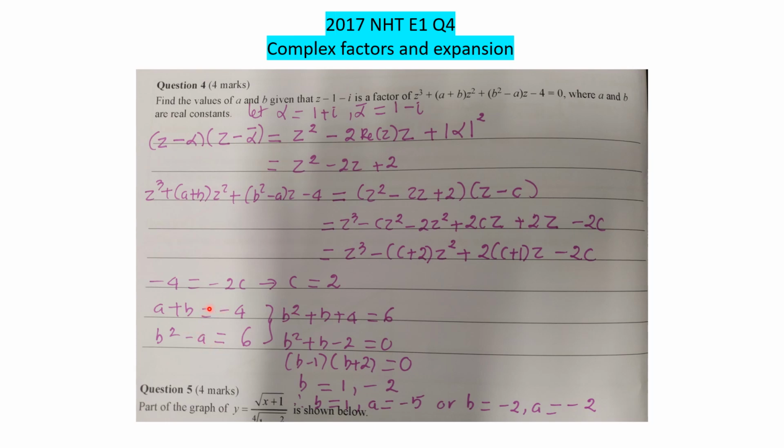Now you substitute that into the second equation here, and then you solve for b. In this case, b turned out to be 1 and negative 2. For each b value, you have an a value as well because of that equation here. So basically, you've got two sets of solutions here.